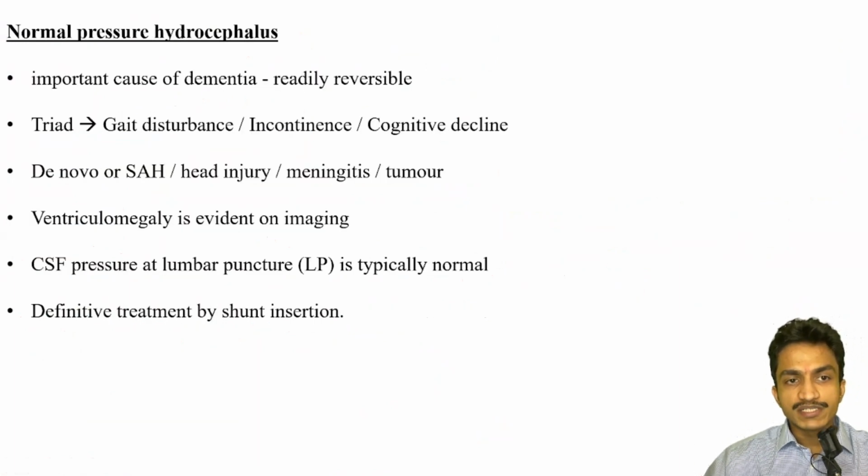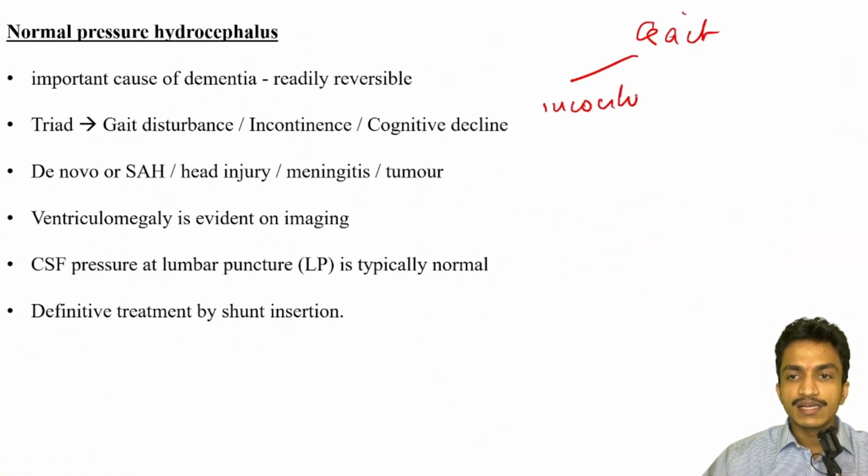What is normal pressure hydrocephalus? Basically the CSF pressure or ICP is normal, but there is ventricular enlargement. It is associated with a triad of gait disturbance, incontinence, and cognitive decline.